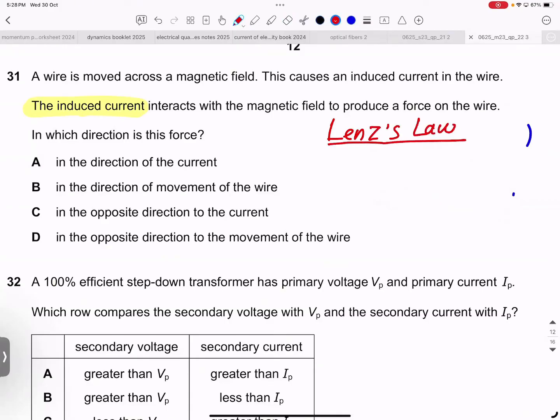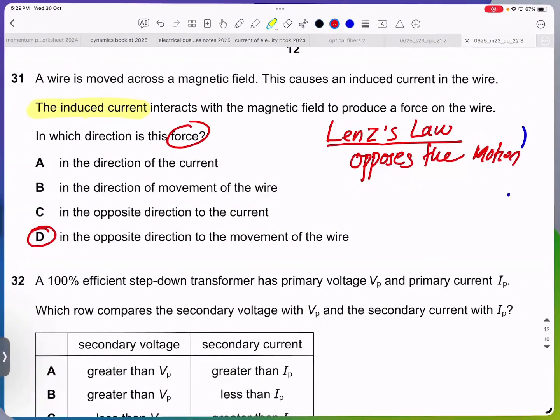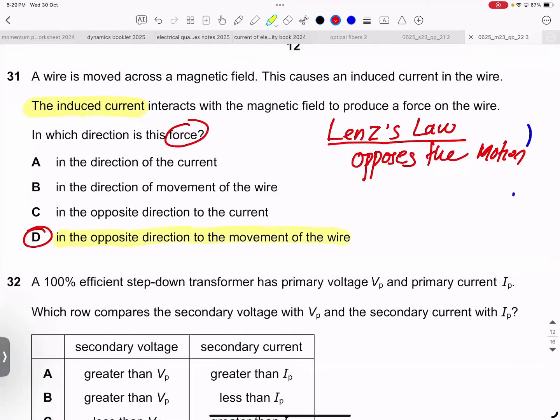Lenz's law says it opposes the motion. So the induced current will cause a force opposite to the motion. Option D, saying the force is opposite to the direction of motion, my dear.